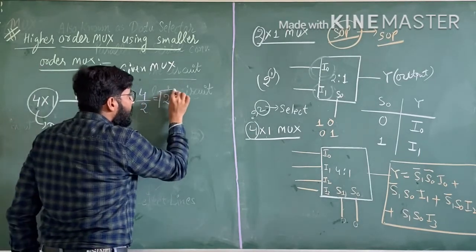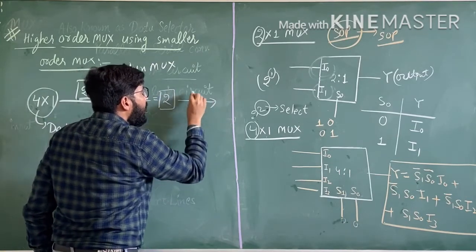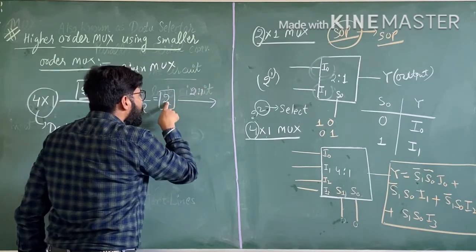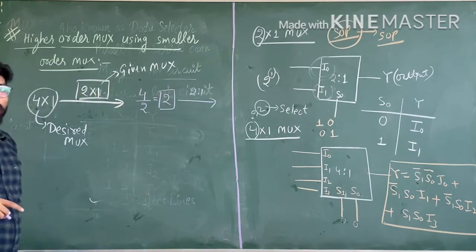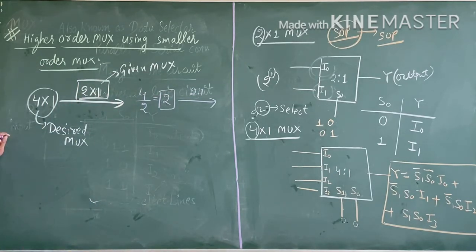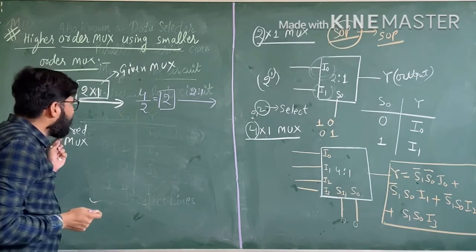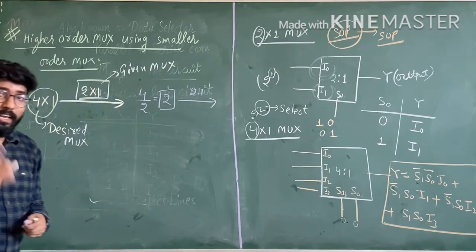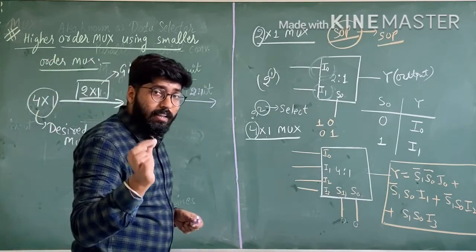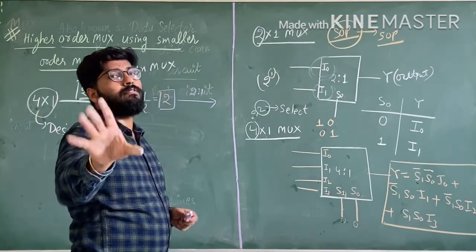Now again you have to divide this 2 by this 2, because the division process goes on until we get remainder 1. If you have to determine the number of muxes, you divide the desired mux by the given mux until the remainder becomes 1.